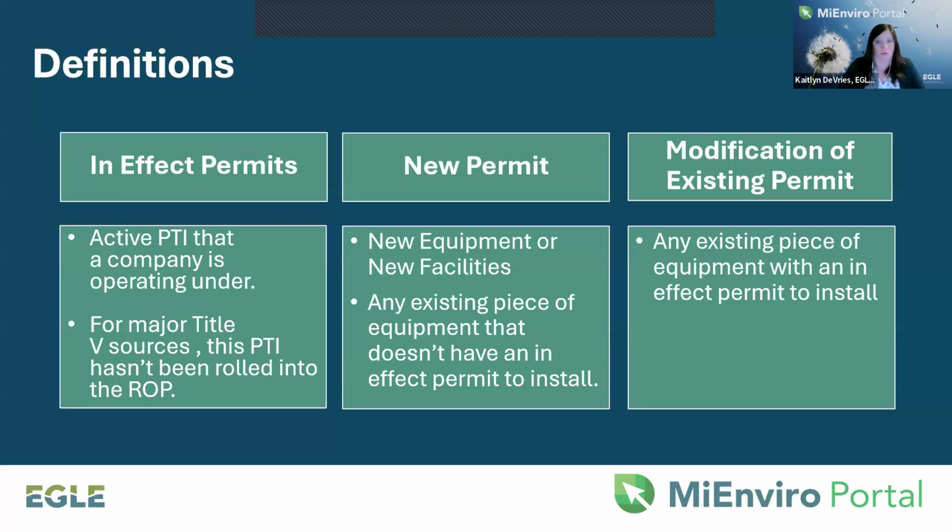However, if you don't believe that was accurate and you don't have an in effect permit, to fix this, you're going to want to create a user account and get connected to your site. You can then go in there and request that permit to be voided. Lauren is going to cover permit voids in our part 2 session this afternoon.